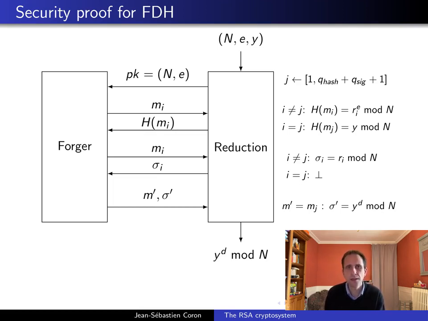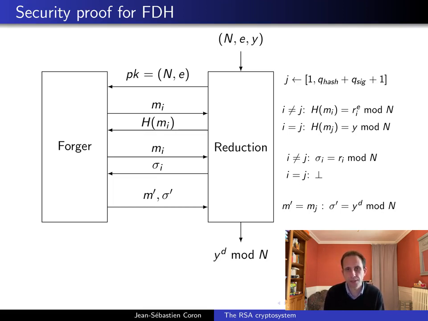And so eventually the forger is going to output a forgery for message m prime and the signature sigma prime. And then if we are lucky, the message m prime will be equal to mj. So the goal of the index j is actually to guess for which message the forgery will occur.